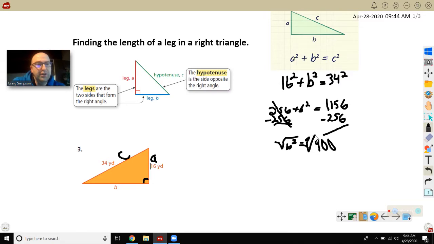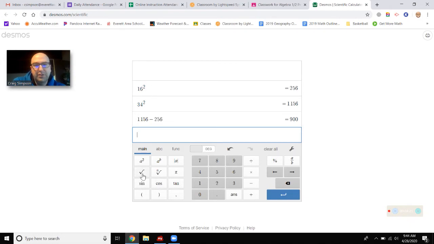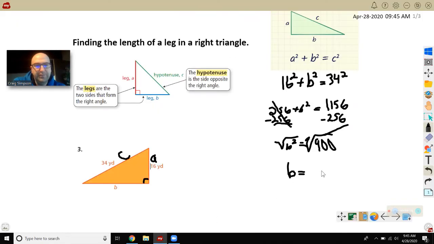So the square root of 900 gives us 30. So b's side length is 30. Let me put my label, 30 yards.